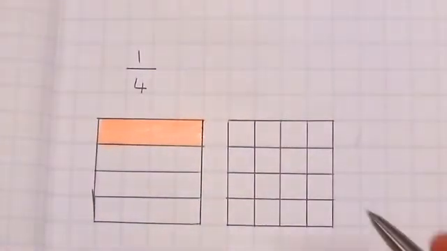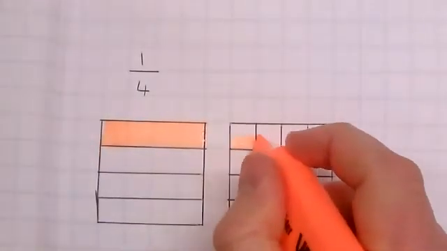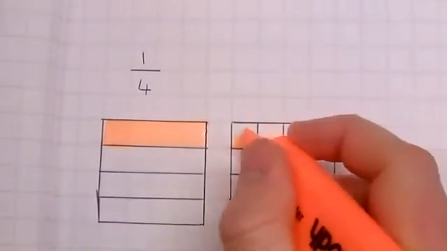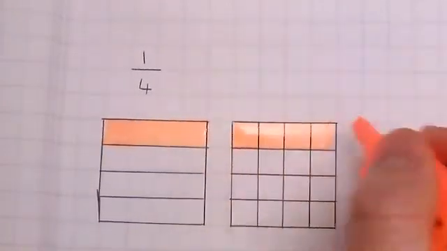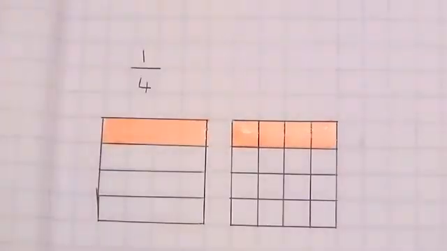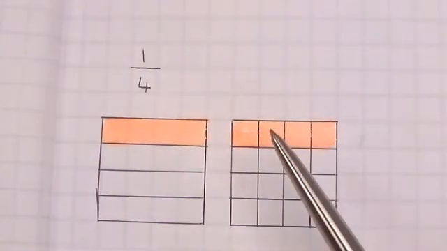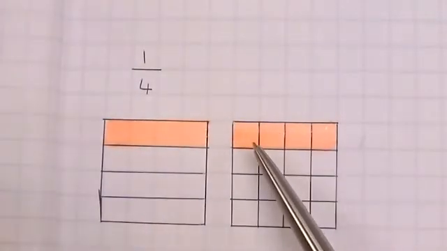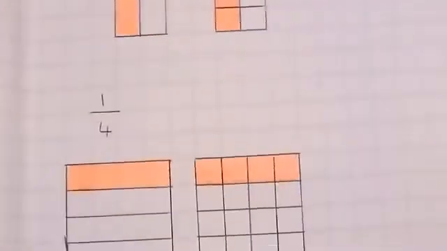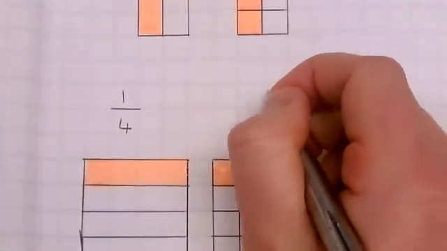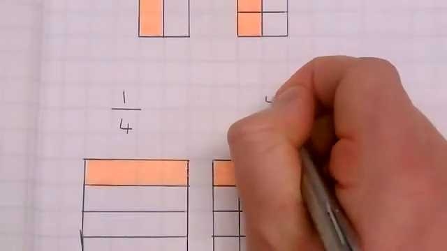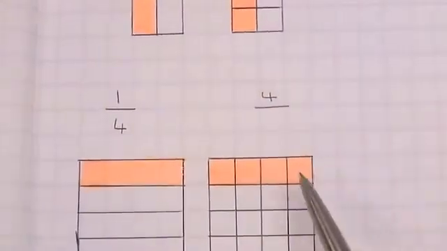Wait a second. If I shade in the same amount on this side, I'm going to have eaten the same amount of pizza, but how many pieces have I eaten? How many smaller pieces have I had? 1, 2, 3, 4. So my numerator is going to be 4. How many have I had in total?